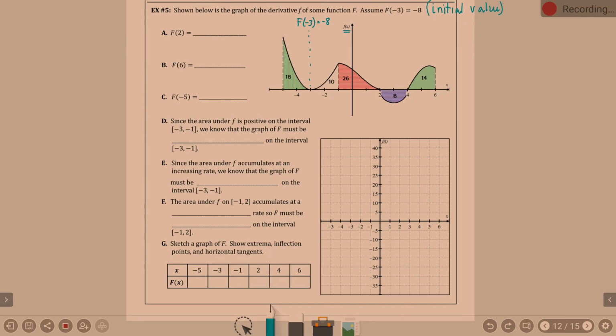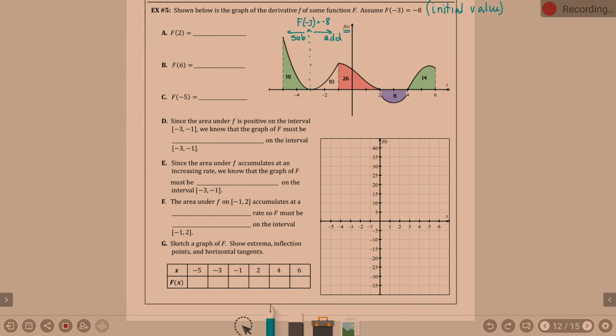Since this is at negative 8 at this point, anything we go to the left, you're going to be taking away from that negative 8, because at negative 3 the area is accumulated to be negative 8.